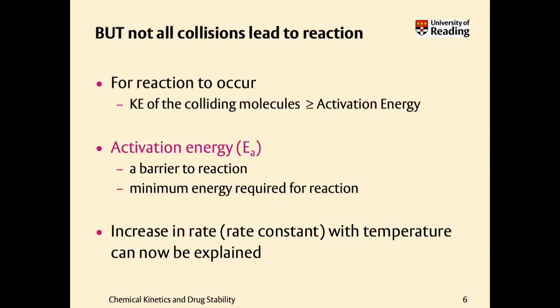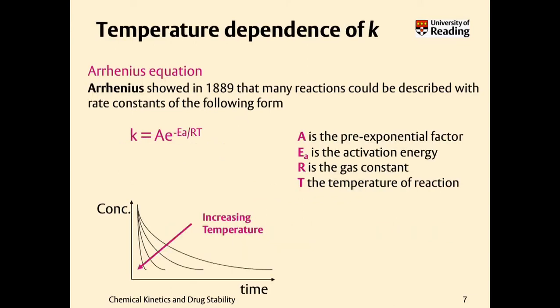So if we increase the rate, which means the rate constant, with temperature, we can now see an explanation for why that would be. The rate constant will be dependent on this activation energy. Arrhenius showed in 1889 that many reactions could be described with rate constants in the following form.